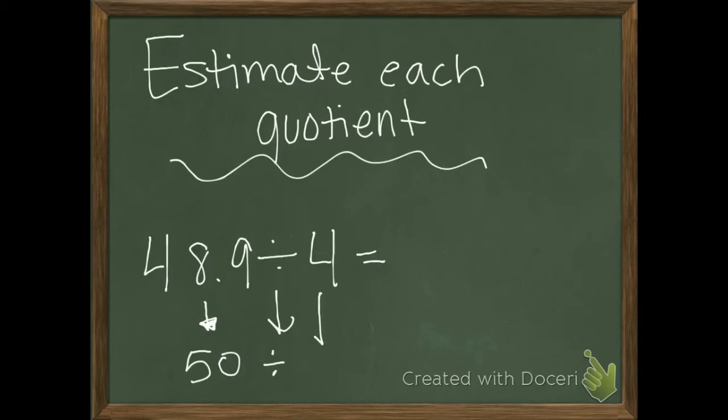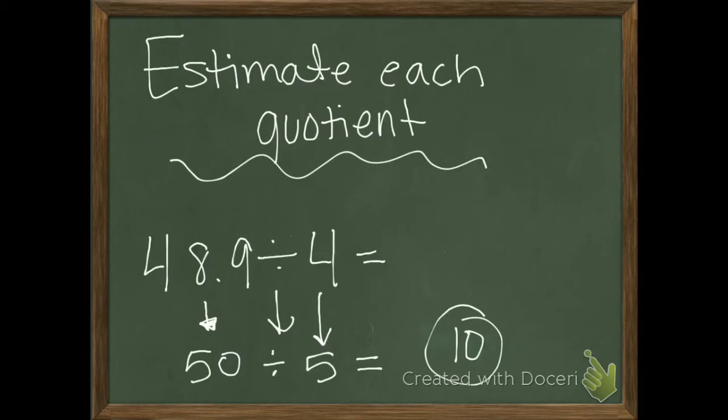And 4 is closer to 5. We want it closer to a whole number that will easily go into 50. So does 4 easily go into 50? Not really. So we want to make it 5 because 5 can go into 50 super easy. So now you would say, what's 50 divided by 5? And you would get 10 as your answer.